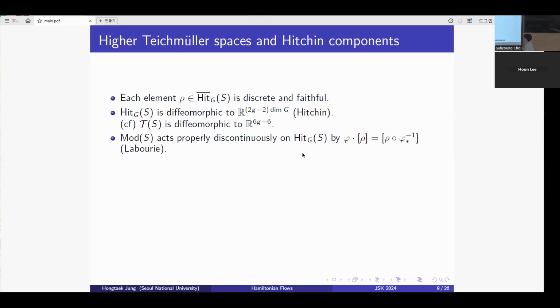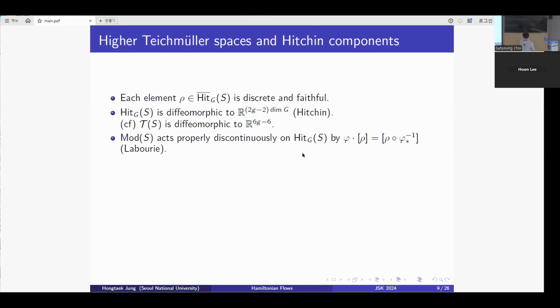If you have a mapping class group element and a Hitchin component element, we just pre-compose it with the inverse of the induced map on your fundamental group, and take the conjugation class. That's the action of your mapping class group on your Hitchin component, and this action is properly discontinuous.